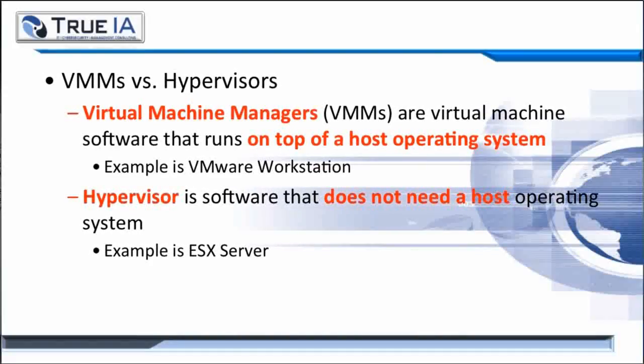So there are some differences between virtual machine managers and bare metal hypervisors. With virtual machine managers, it's software that runs on top of a host operating system. With a bare metal hypervisor, the hypervisor is that software. It doesn't need any underlying host.